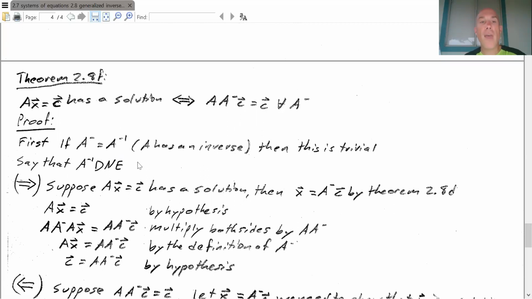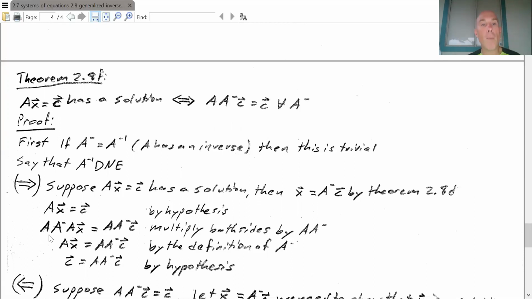All right, so let's say that A does not have an inverse, but it has a generalized inverse. Every matrix has a generalized inverse. Okay, so we're going to say that A times X is equal to C has a solution because we're going from left to right. So here we have a solution, and we need to show that this is correct. Then my theorem 2.8d, A times X is equal to C. That's by our hypothesis here.